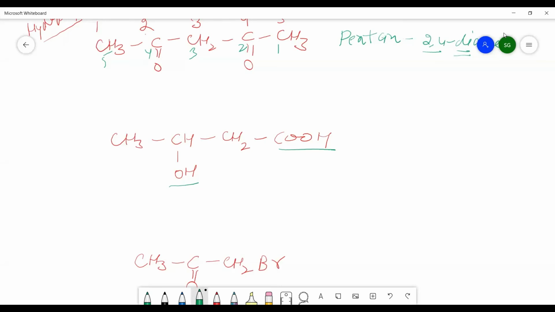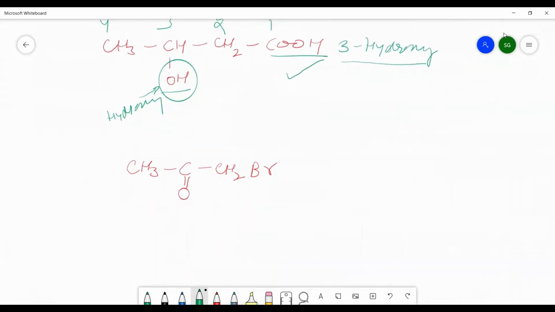COOH will be given preference. Again, OH will be termed as hydroxy. So 1, 2, 3, 4. So 3-hydroxy butanoic acid. You may write by yourself. 3-hydroxy butanoic acid. So in that manner, you can do the numbering of every compound.